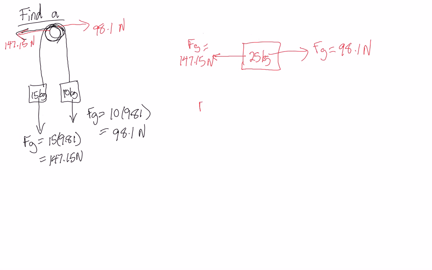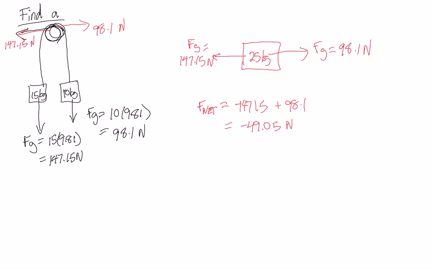So our net force will be the one to the left plus the one to the right, so we can add or subtract those. So let's keep our left and right directions as positive, negative. It doesn't really matter which one's which, but let's say we have negative 147.15, and we're going to add on positive 98.1, so that gives us an answer of negative 49.05.